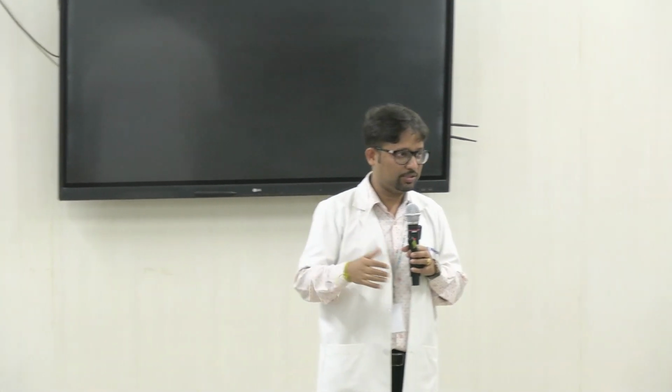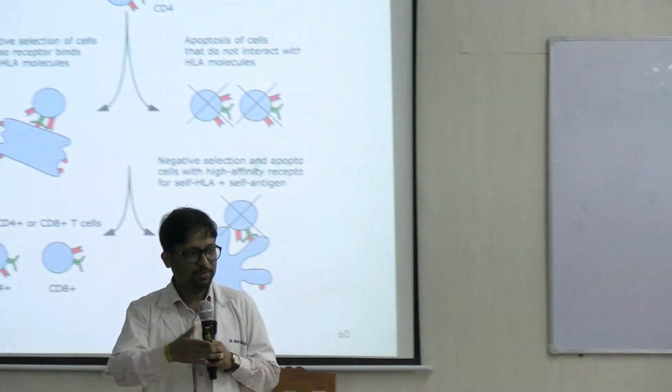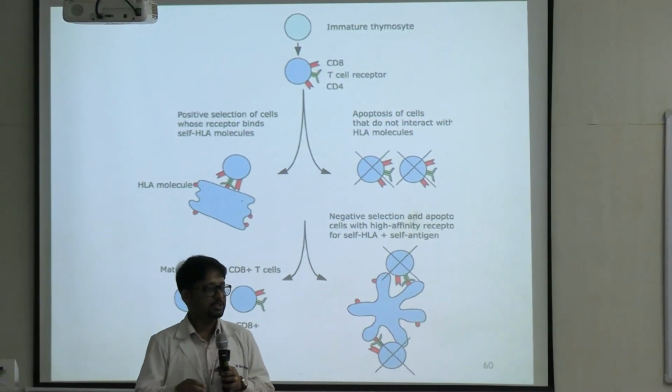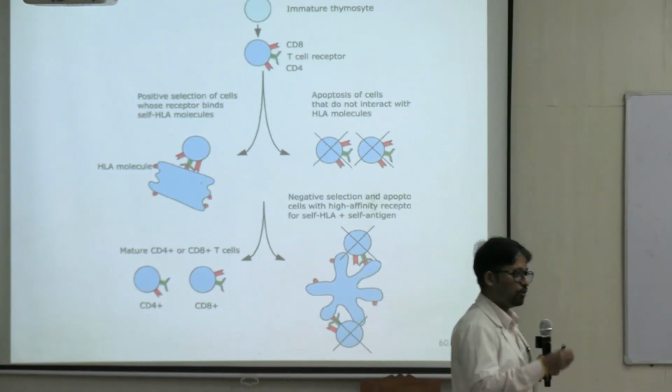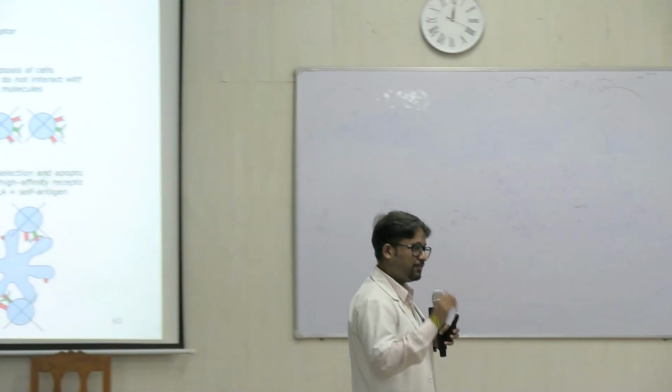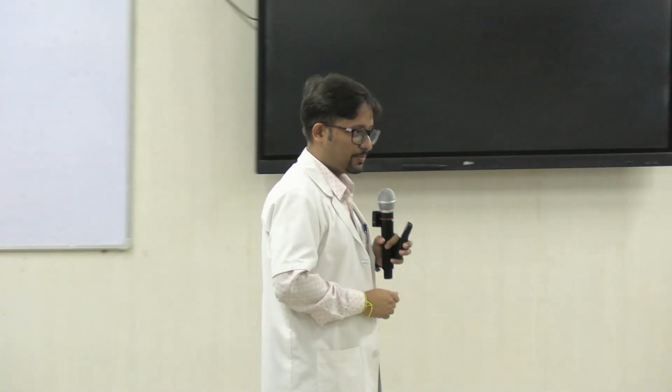As it goes through the thymus during its development, thymic epithelial cells, recall that they are also APCs, antigen-presenting cells, expose the different antigens or tissues of the body. The body's own proteins are presented by the thymic epithelial cells to the developing T lymphocyte.